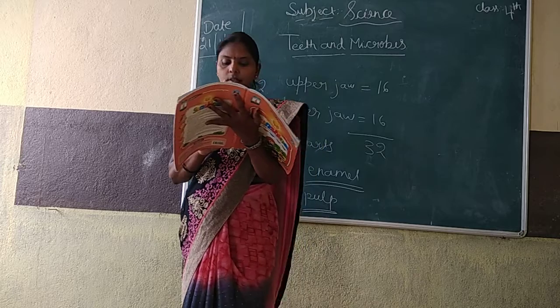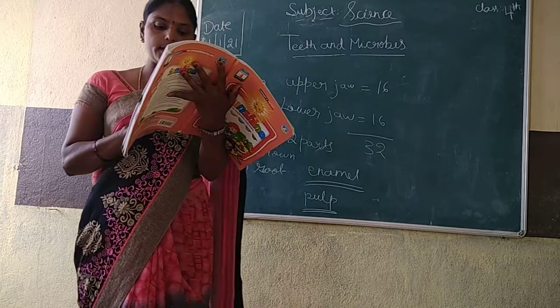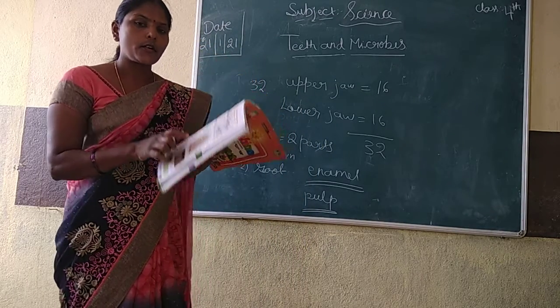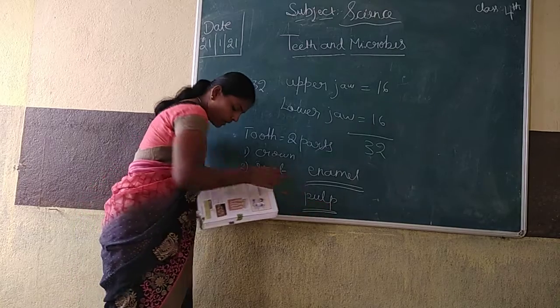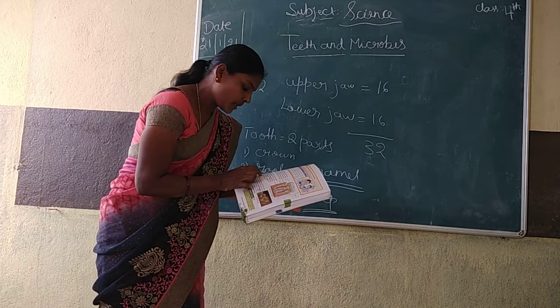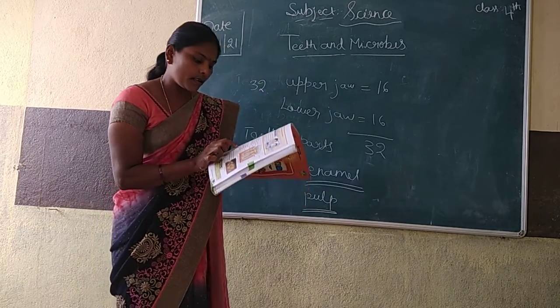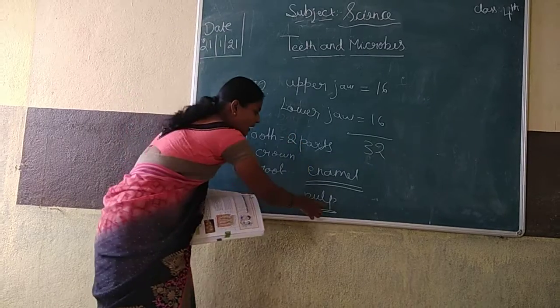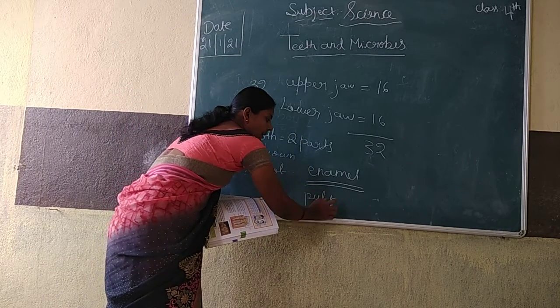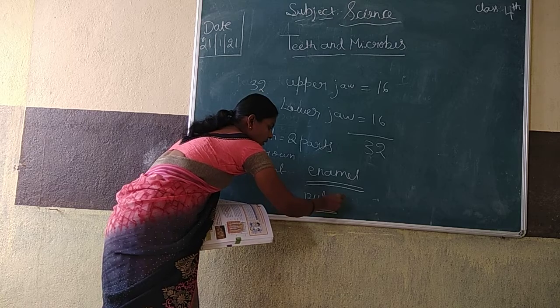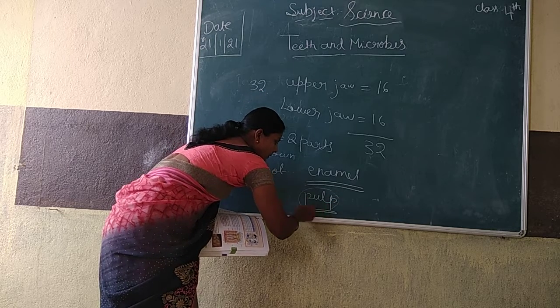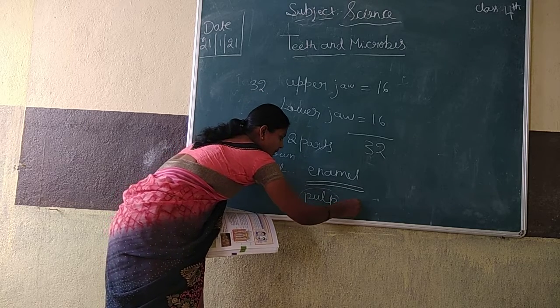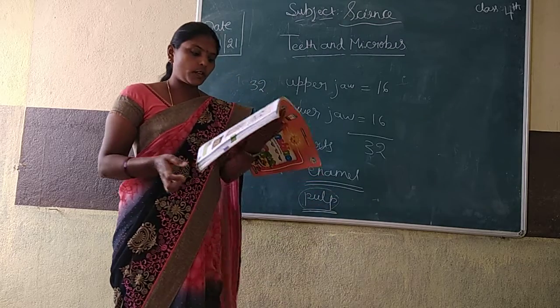This is soft and has blood vessels and nerves in it. What? Blood vessels and nerves in it.